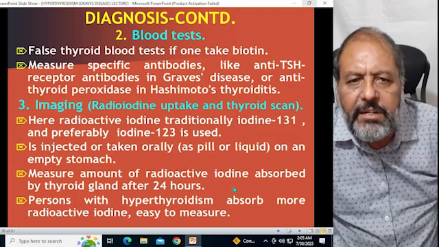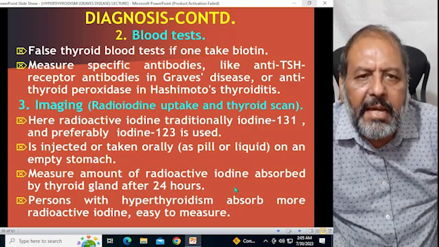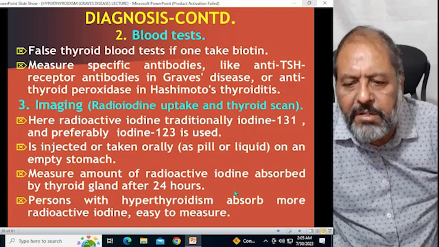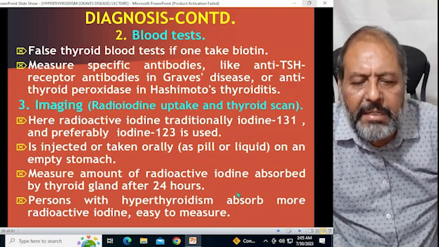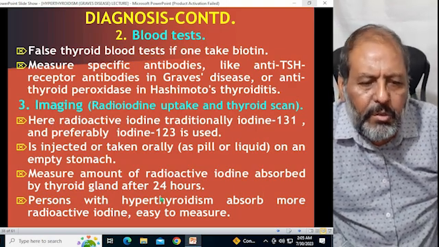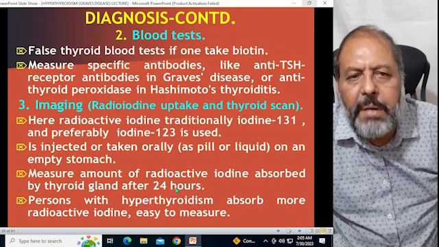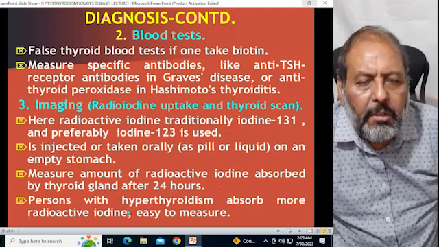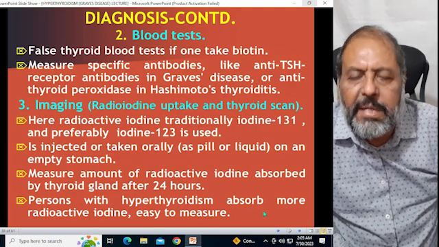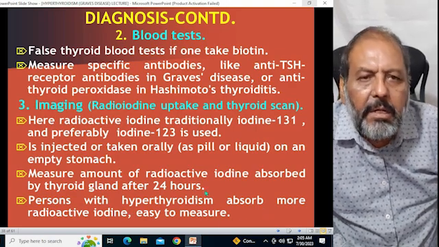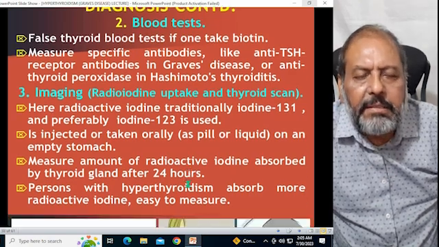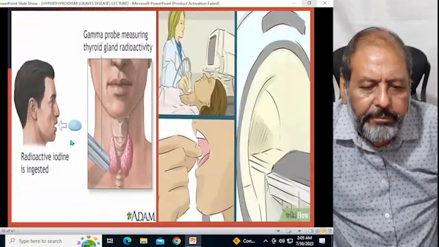It is injected or taken orally in the form of a pill or liquid on an empty stomach, and one has to measure the amount of radioactive iodine absorbed by the thyroid gland after 24 hours, or 1 day later. Persons with hyperthyroidism absorb more radioactive iodine, and that is easily measured.